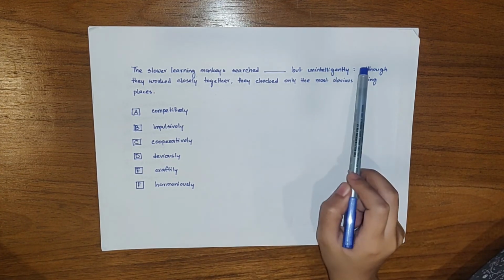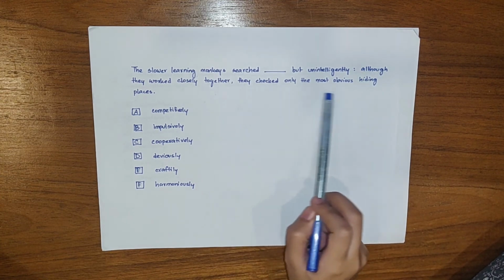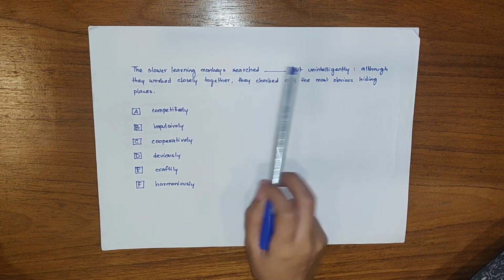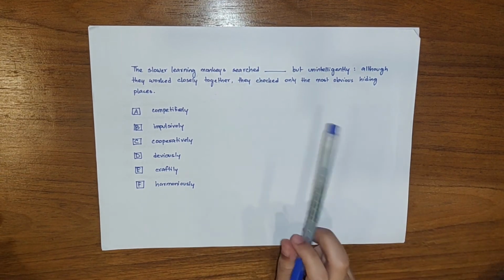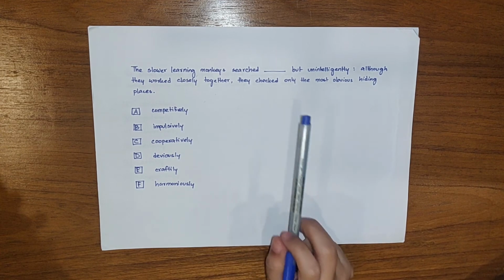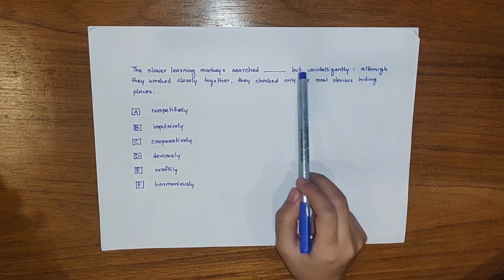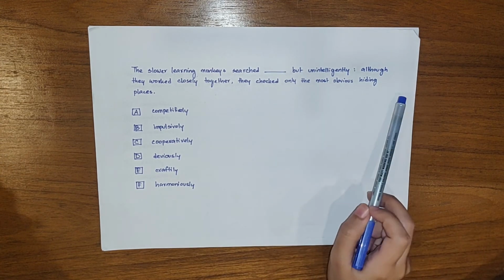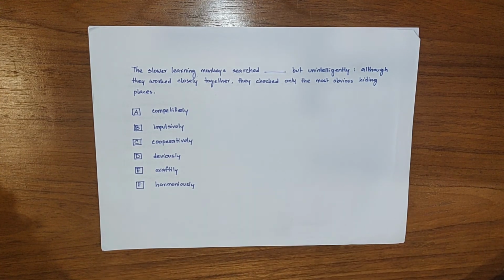Now from the colon, we can say that this part is going to be a continuation of the idea portrayed in the first part. There is a contrast in the first part about the quality of the monkeys' searching technique, which is said to be unintelligent but something. And in the second part, we see that there are 2 points.